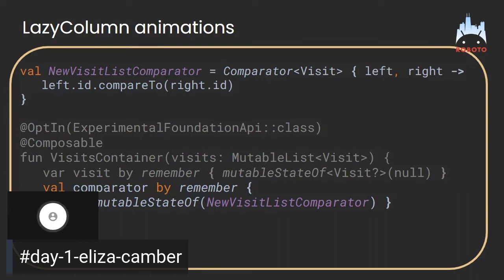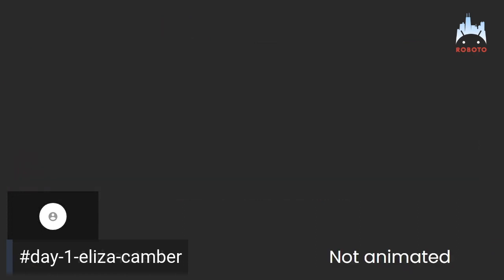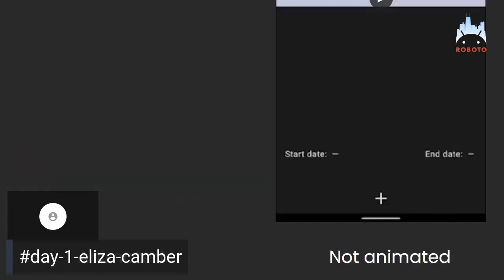We remember the comparator, and we sort our list according to that. And then we just use this modifier, which is the animated item placement. That's all. Then whenever we have deletion or reordering or anything to our list, the system will just take care of it. Let's see if that will play.